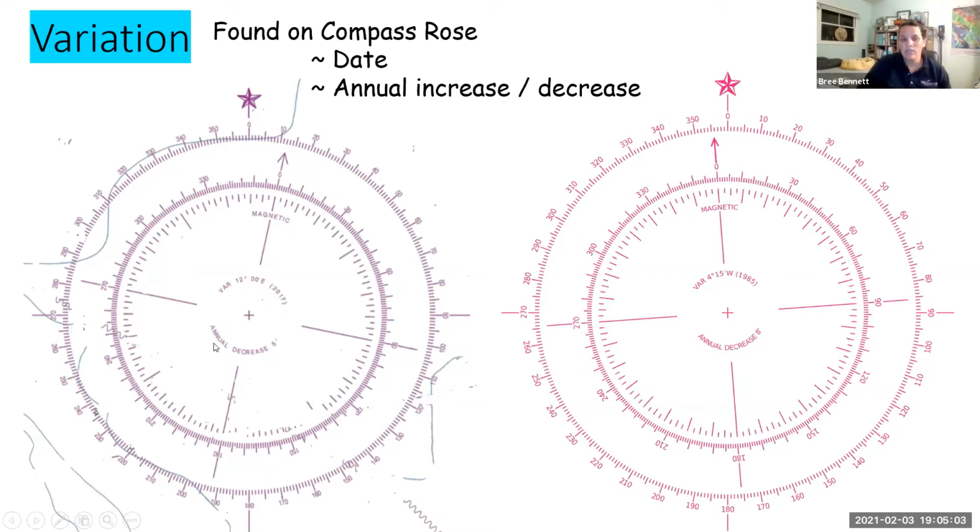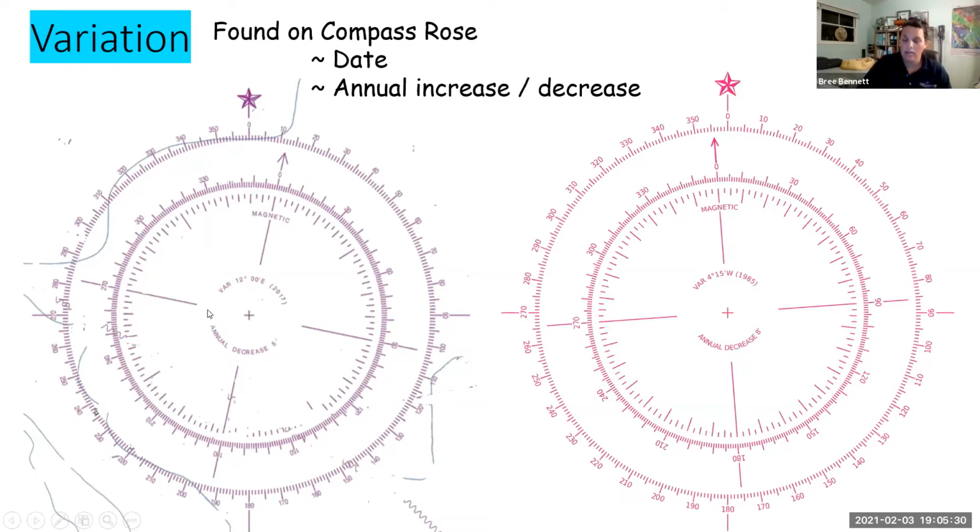And then it gives you an annual increase or decrease of a certain number. We are in 2021 now, so we have an annual decrease of 5 minutes. That little unit there is minutes. And this is 12 degrees, 0 minutes east.